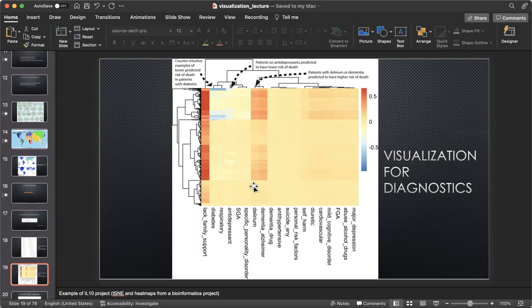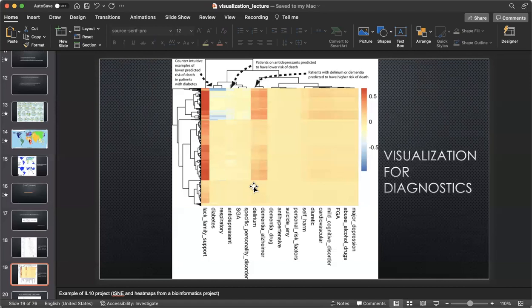So this is saying that if I take off family support, what does it do to that patient? It says that the patient now has a very high risk of dying in the next few years. And if I take a particular patient off antidepressants instead of being on it, what does that do? This is just visualizing that change in probability from setting one feature to 1 versus 0 in a heat map.